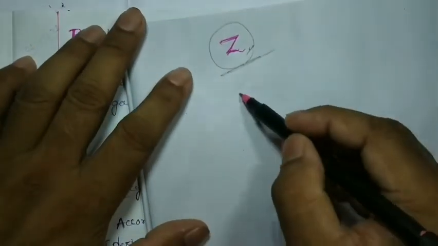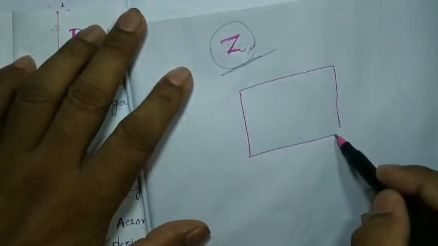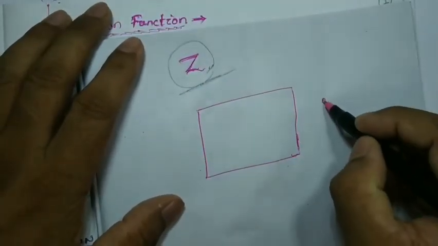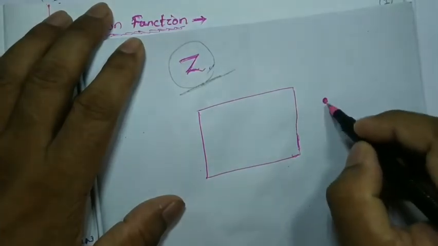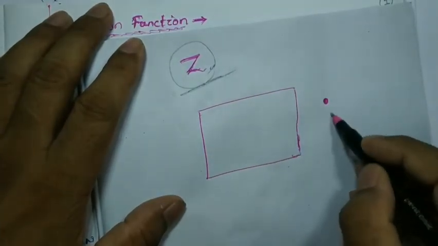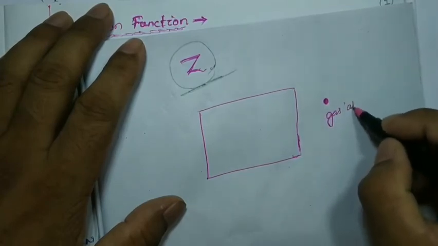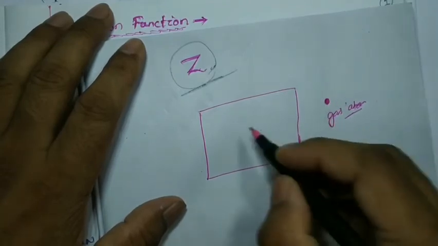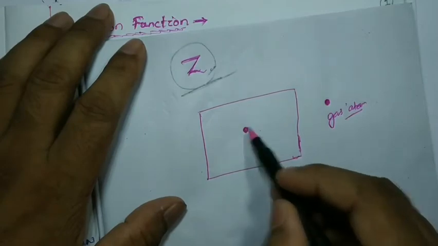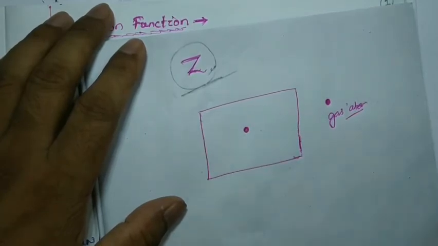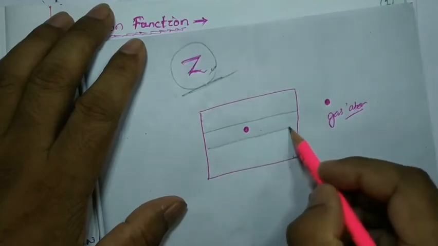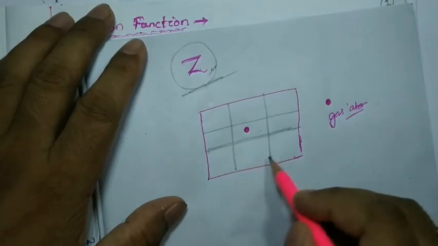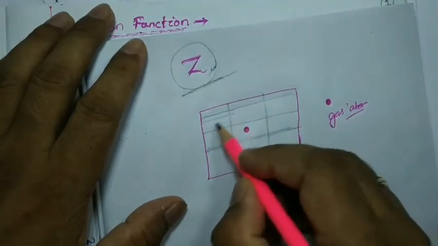Suppose this is your gas container. For easy understanding we consider only a single particle inside, a single gas atom. This vessel is divided into a large number of compartments, and these compartments are further divided into different cells.